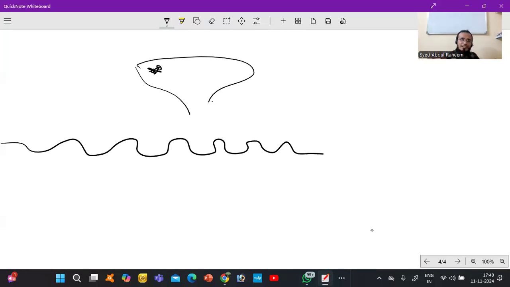Okay, what will happen? There is a sudden discharge of electrical impulses from that area, and that's the reason you can see abnormal activity within the body. So this is what we call the physiological mechanism. There is a past history of damage to that area.